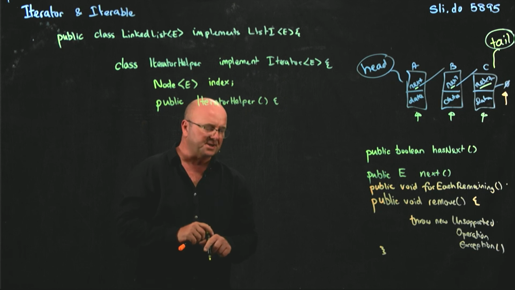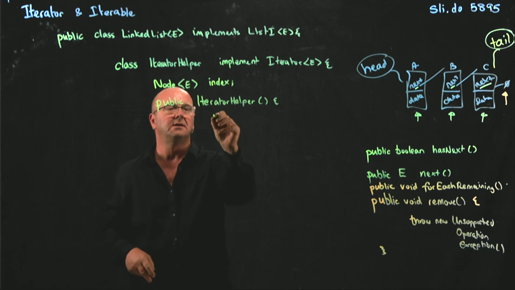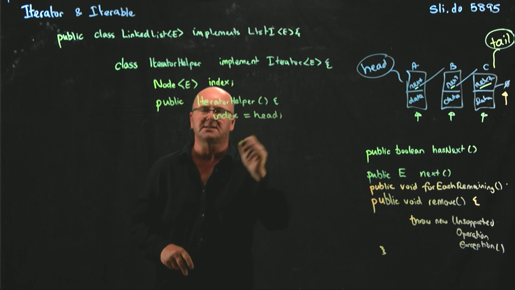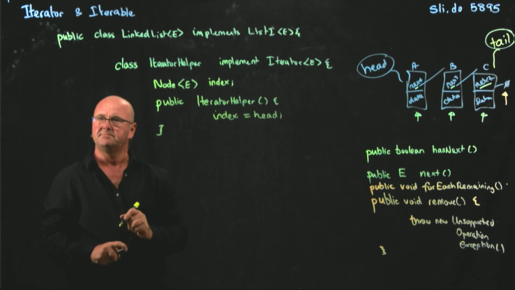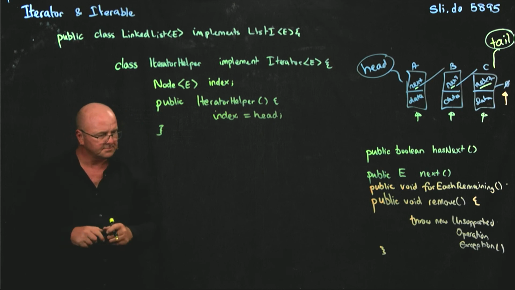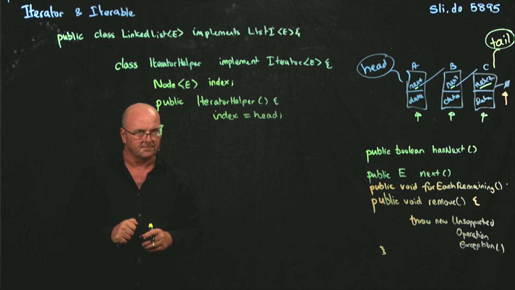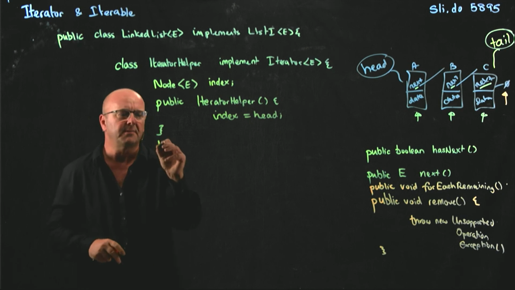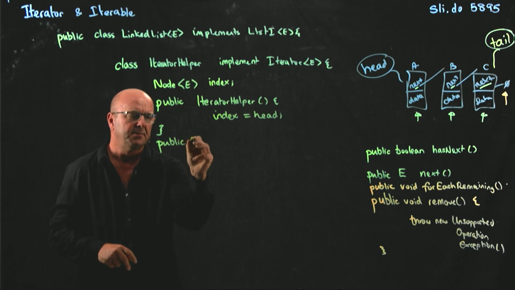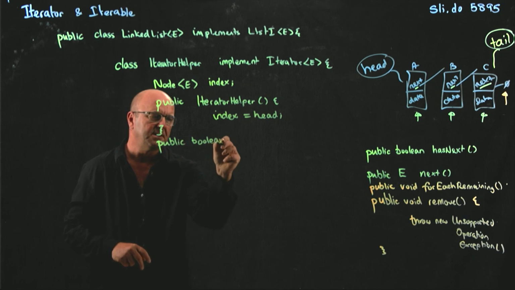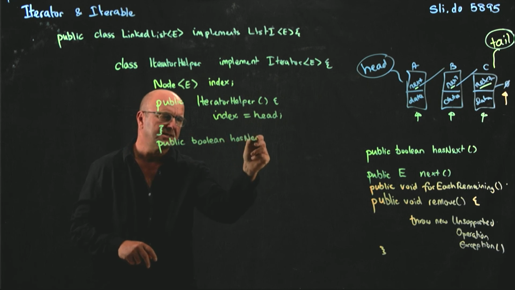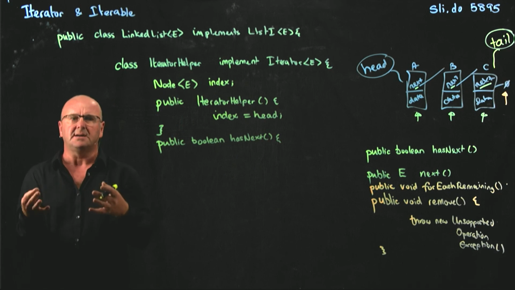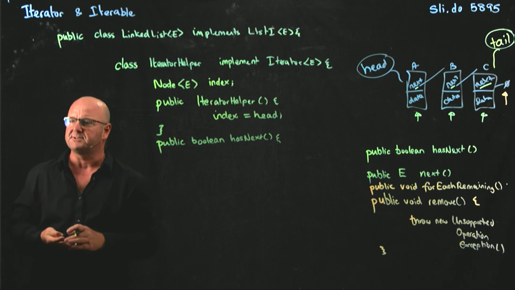So we're going to have a constructor, public iterator helper. When we initiate, we set index to point to head. Okay. Now here's our hasNext method, public boolean hasNext. So all we want to know is, is index null? If index is null, we don't have anything to return.